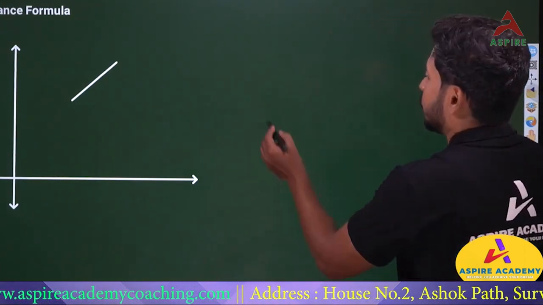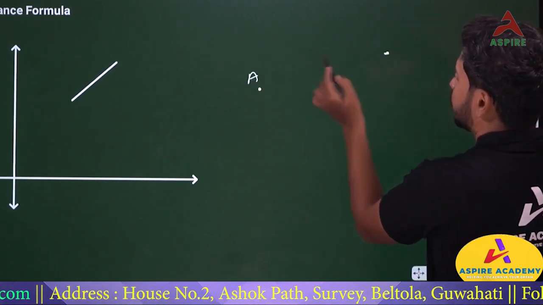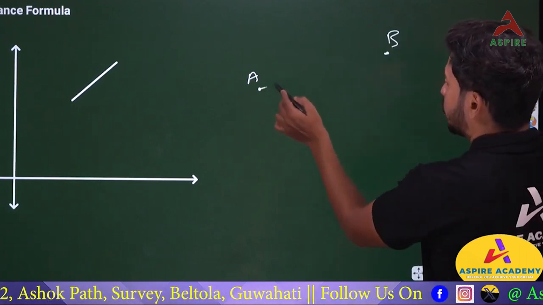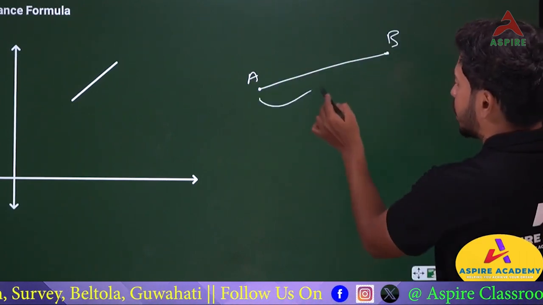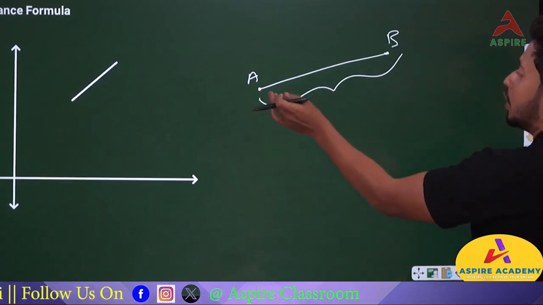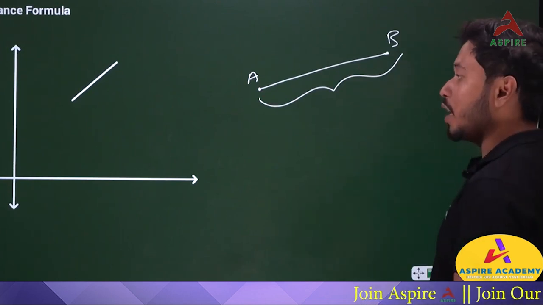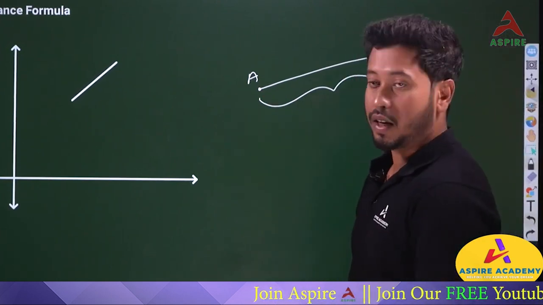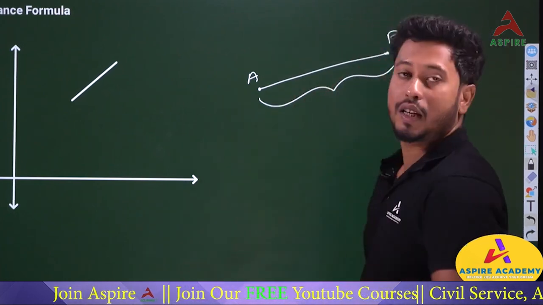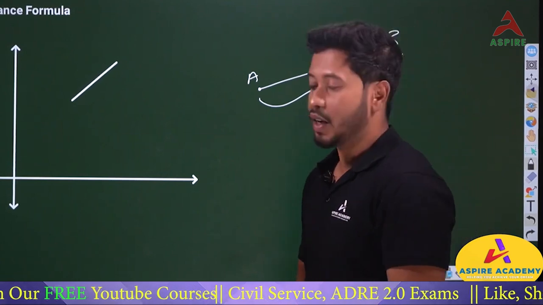Suppose these are the points A and B. If we want to measure the distance between these 2 points, or the length of AB, then we can apply a formula, and by this formula we can easily measure the length of AB.